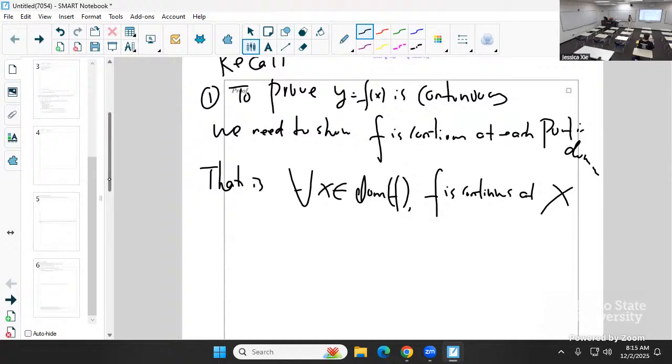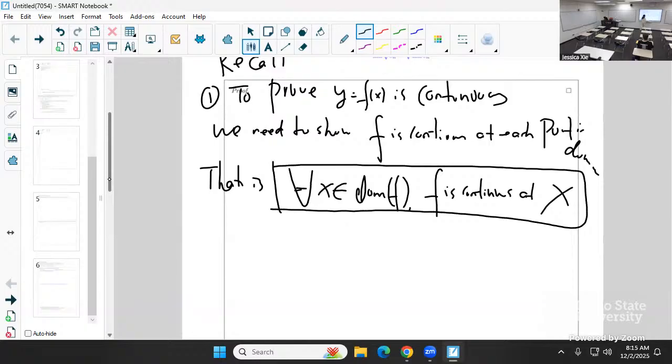For all x from the domain of f, the function is continuous at this x. It's like showing that all of the IC students are happy: you have to show it for all IC students. Pick anyone, an arbitrary one, and that student is happy, right? That's a for-all type statement.